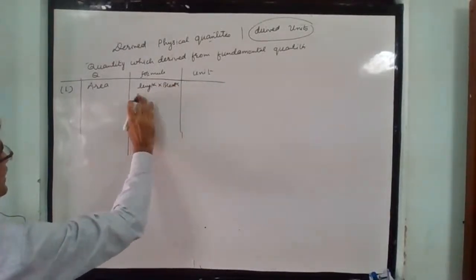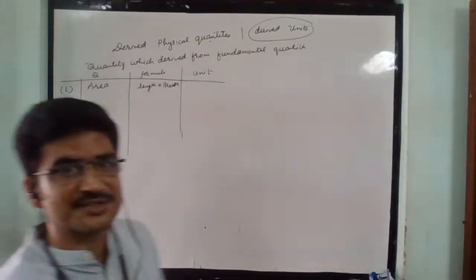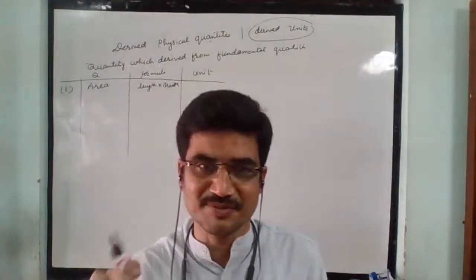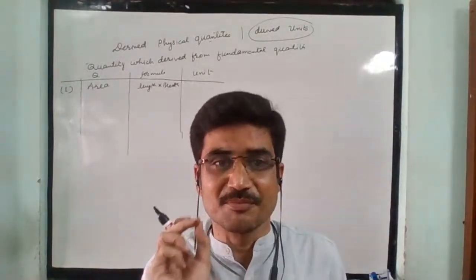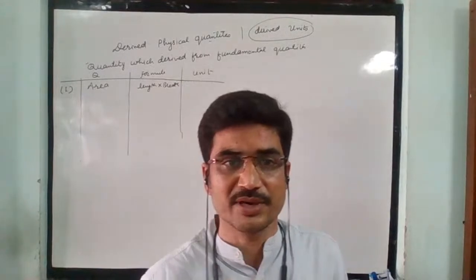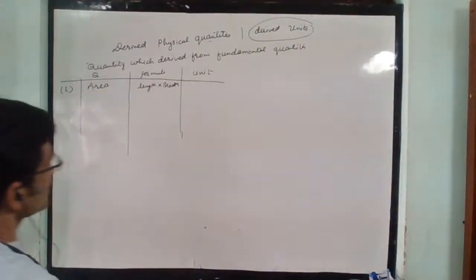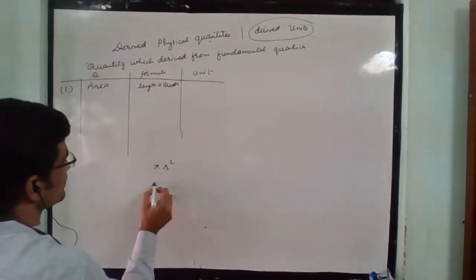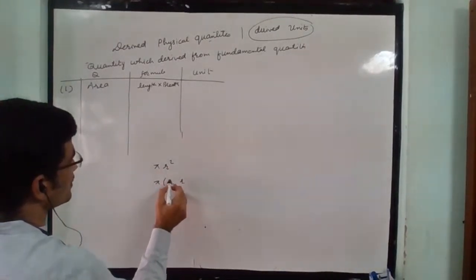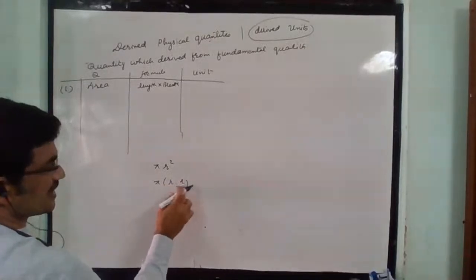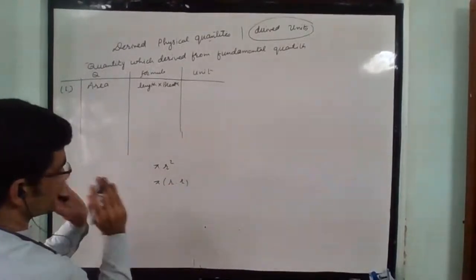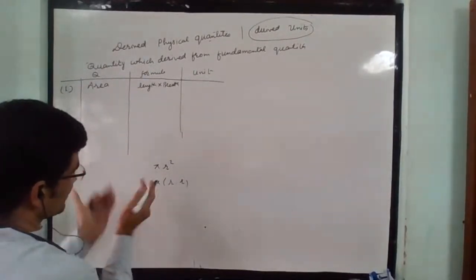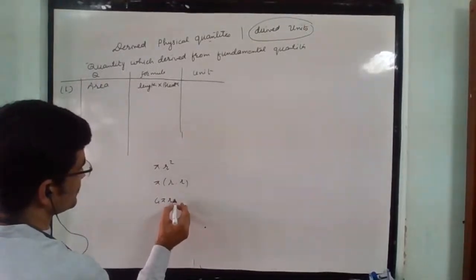Length is a fundamental quantity and breadth is also one kind of length, so we are multiplying two lengths. Sometimes we use the area of a circle, pi r square, r into r, once again multiplying two lengths. The surface area of a sphere is 4 pi r square.